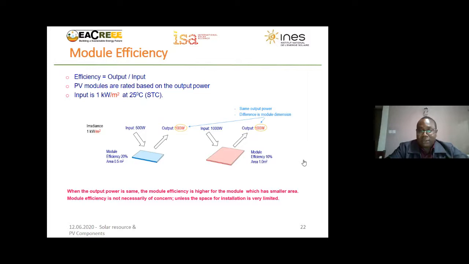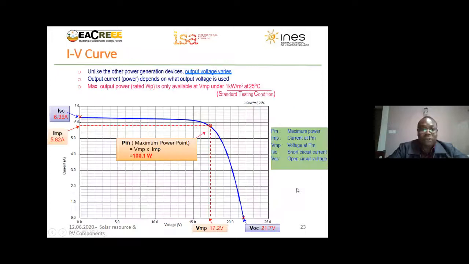This figure just tries to bring out one of the standard graphs that we have for a solar PV module. What I would like to mention is that, unlike other generation systems, with a PV module the output varies in voltage. Unlike a genset, which will produce a constant voltage output, the output voltage of a PV module will vary depending on the voltage you connect that module to.